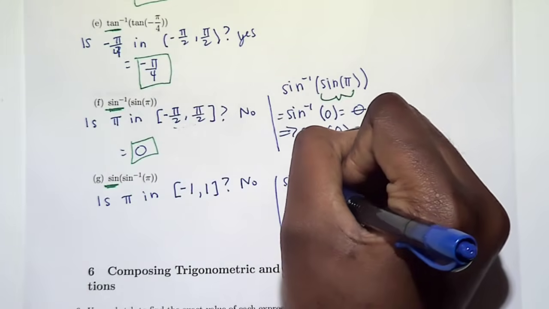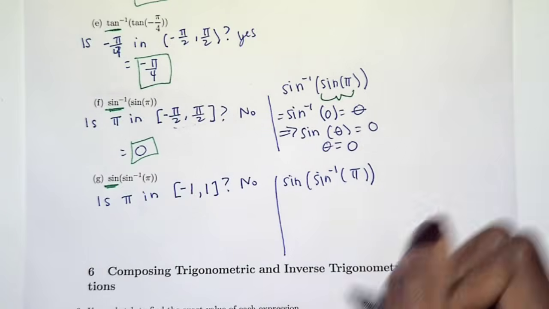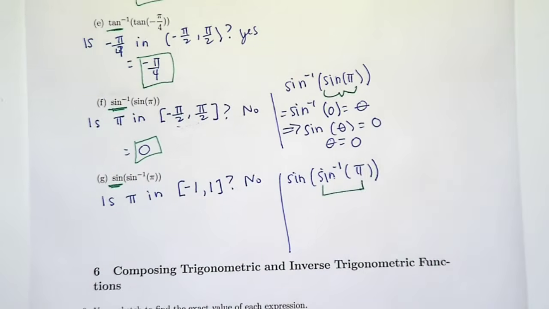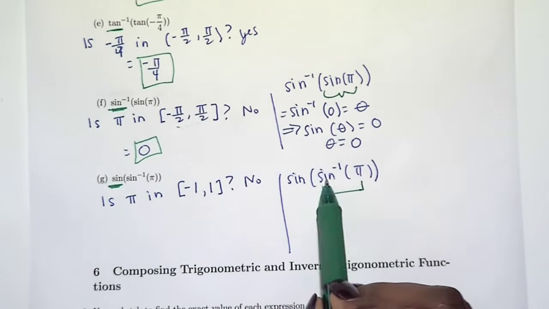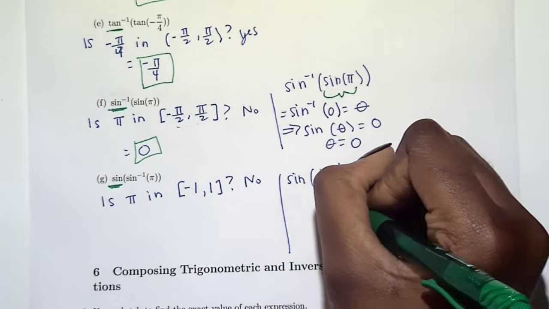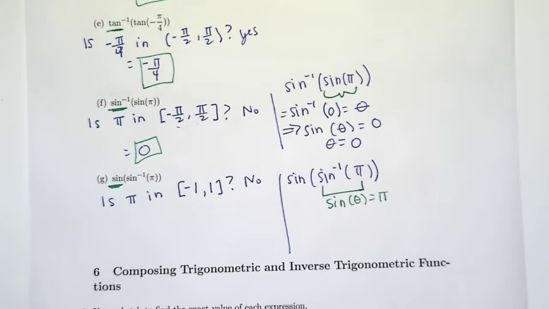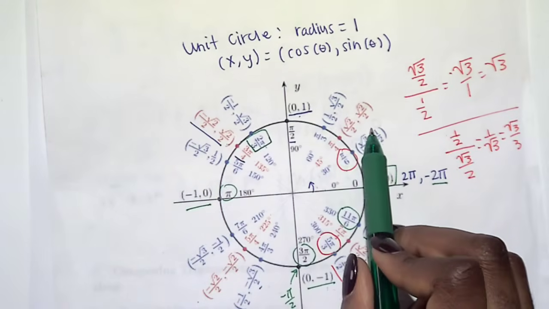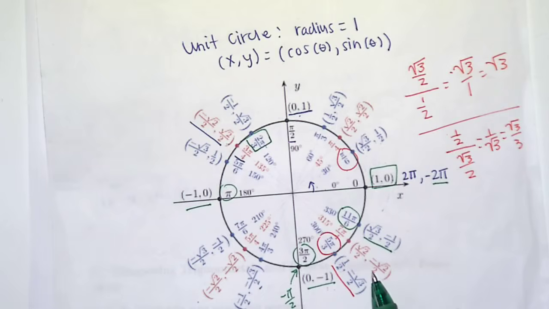So let's look at this. Sine of sine inverse of pi. In order to figure this out, the inside, we're trying to find the angle. Remember, this is an angle, sine inverse of a number. We're trying to find the angle such that sine theta equals pi. Well, do we ever find anywhere on our unit circle where sine is pi? Of course not.